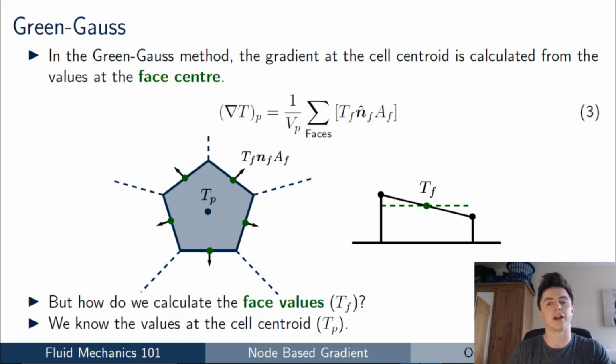So what we do to evaluate the gradient is go around each of the faces of the cell. For the image in the diagram here, we've got a pentagon, so we've got 5 faces, and on each of these faces we take the face temperature, TF, multiply that by the unit normal vector and the area of the face, and then we add all the faces up and divide by the volume of the cell, and that gives us the temperature gradient at the centroid of the cell.